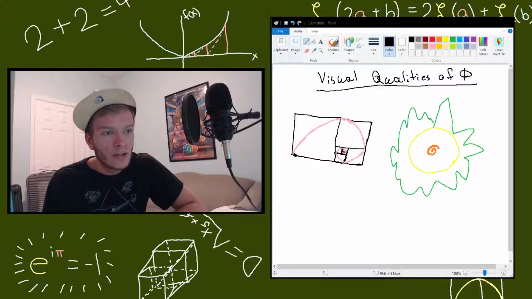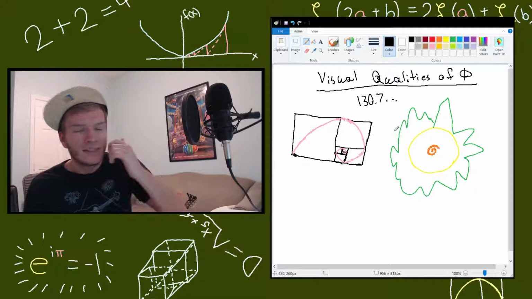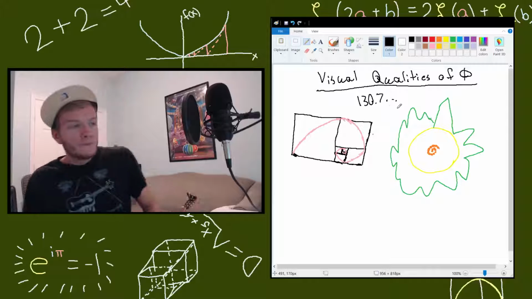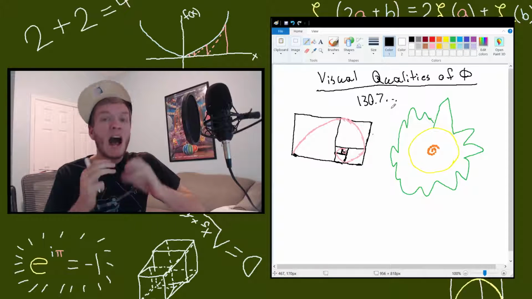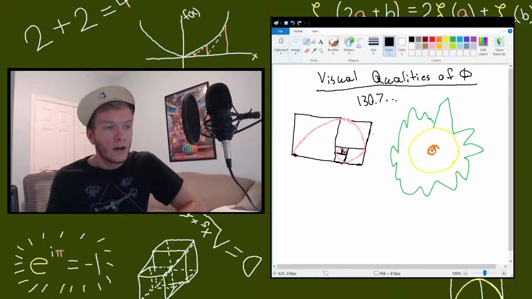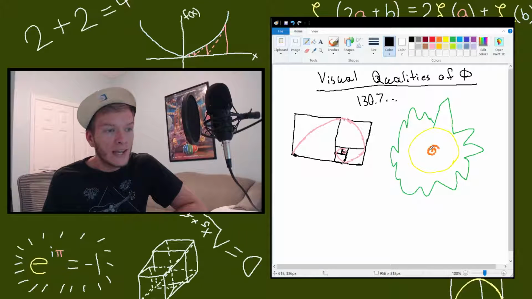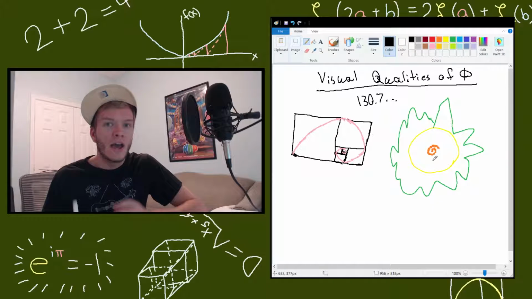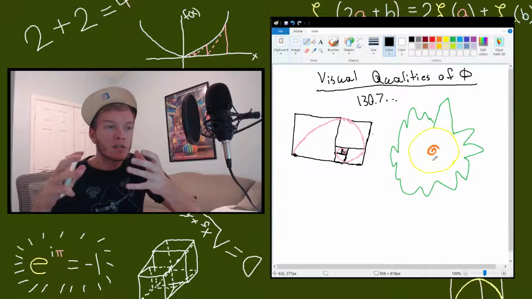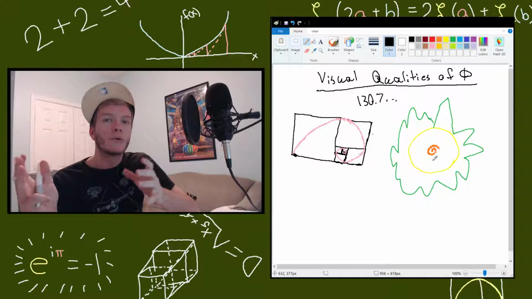I believe the golden angle, I don't know if it's on this Wikipedia page, is about 130.7-ish, I think. Basically this is the optimal angle to rotate the next seed or the next petal of a plant, to have the most area visible.